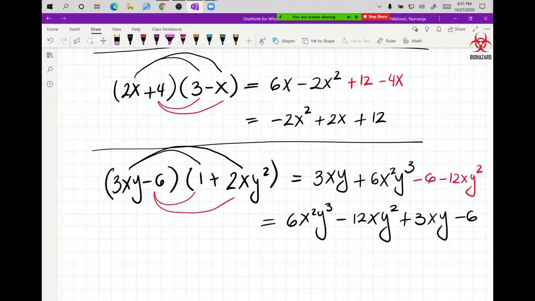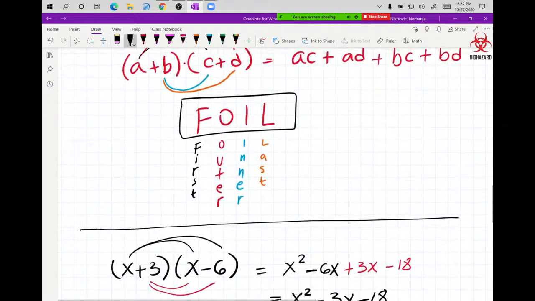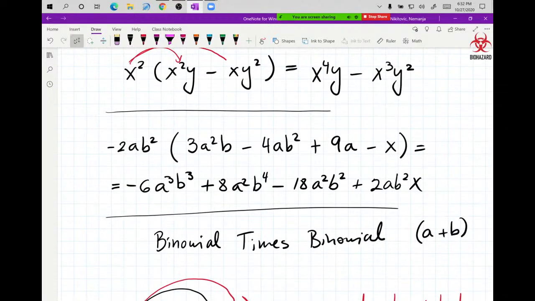It's literally how many individual variables do I have on a pile, and then put the one with the highest first, and then go down from there. If you have same number of variables in a couple of terms, like we had in one of those problems, like here, it doesn't matter which one you put first.